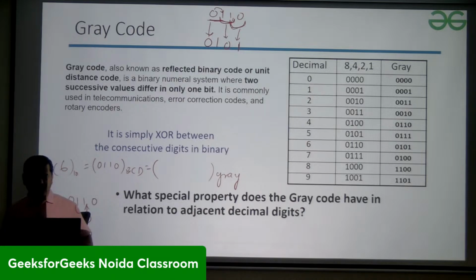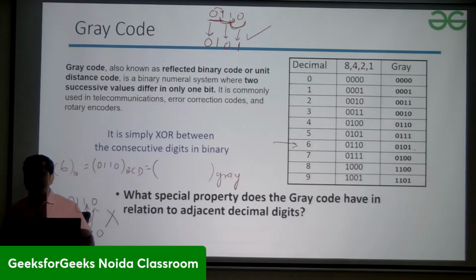If you follow the other process, your outcome is going to be 0 over here, which is definitely wrong. So that process is wrong. You have to follow this one. So the gray code corresponding to 6, you can see, is 0 1 0 1.